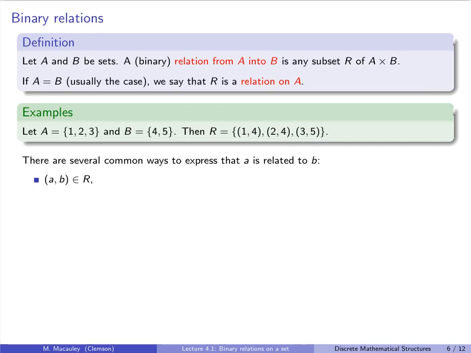There are several common ways to express that A is related to B. One way is just from the definition. We say that the ordered pair (A, B) is in R. But sometimes it is more convenient to write A R B. Finally, we can define a symbol like this squiggly less than or equal to symbol for A less than or equal to B. Or if it's an equivalence type relation, we can say A is this little squiggly similarity symbol.